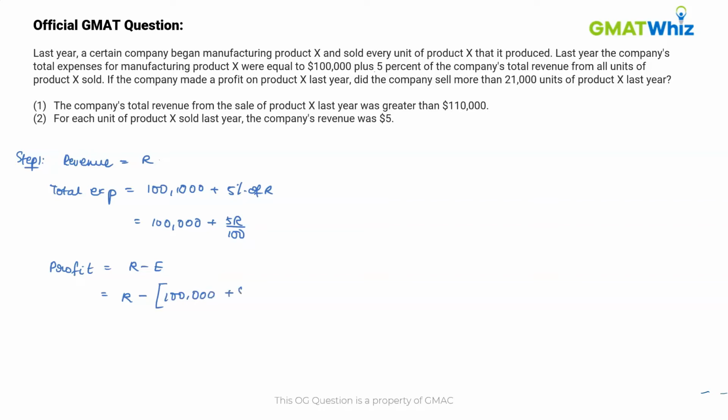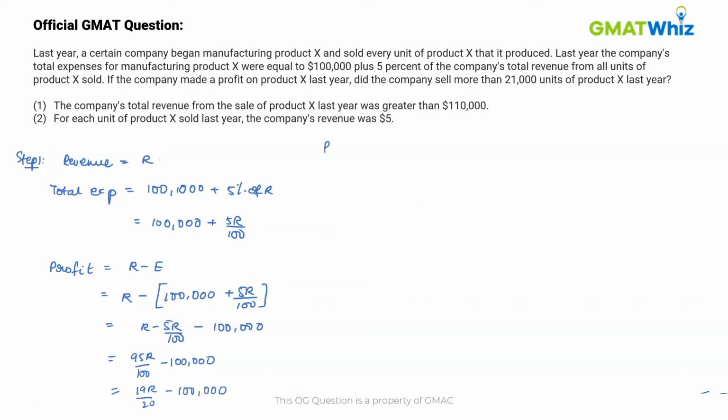Then we have R minus 5R by 100 minus 100,000. This is equal to 95R by 100 minus 100,000, equal to 19R by 20 minus 100,000.